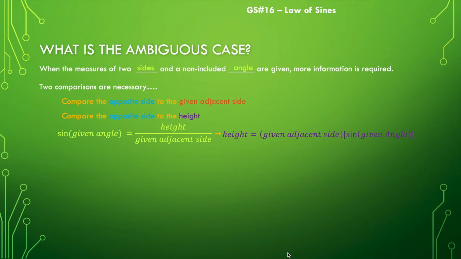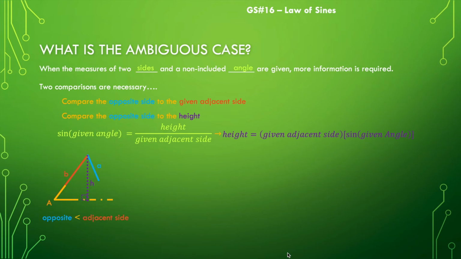Okay, so let's start by looking at this one. Here is angle A, and pretend that you're given the measure of angle A, and we are given the length of side B. Okay, side B is adjacent to angle A. And we are also given the length of the side opposite angle A, and that side happens to be shorter than that adjacent side, and also shorter than the height of the triangle.